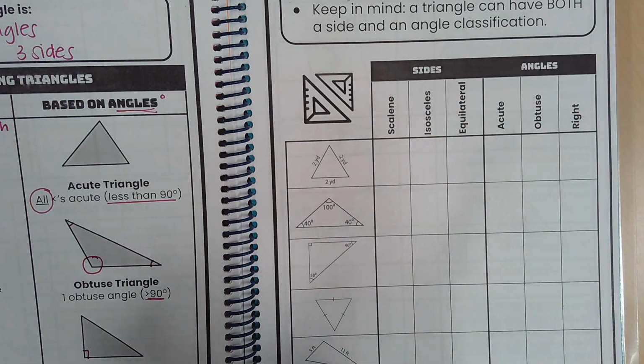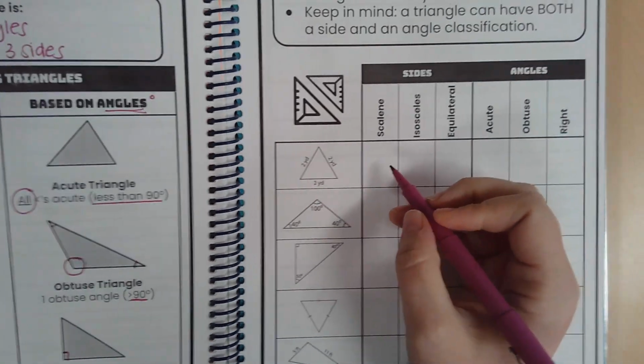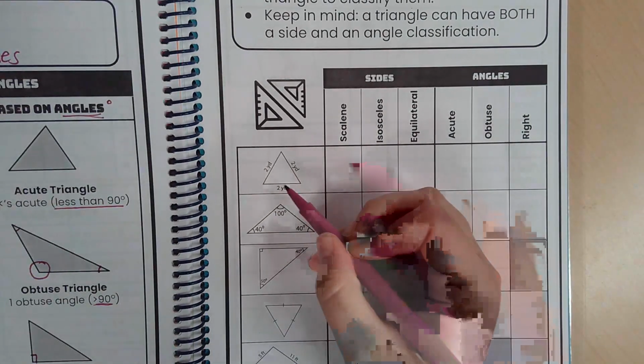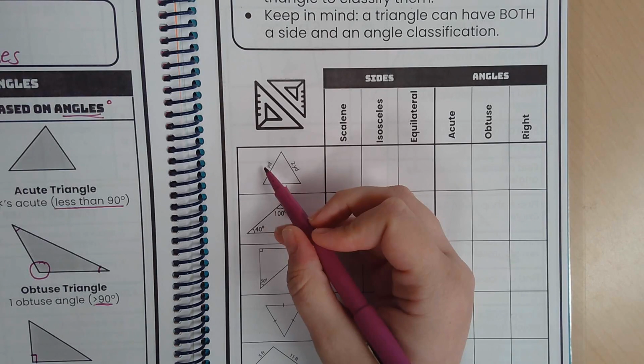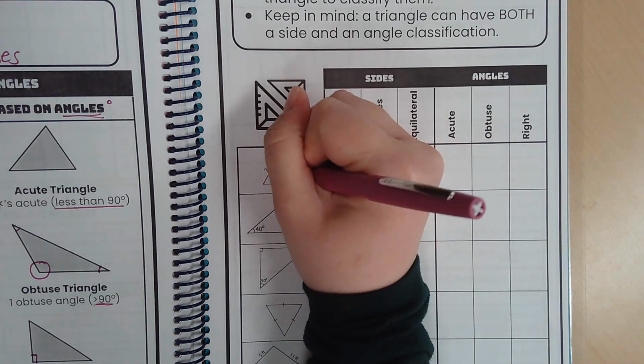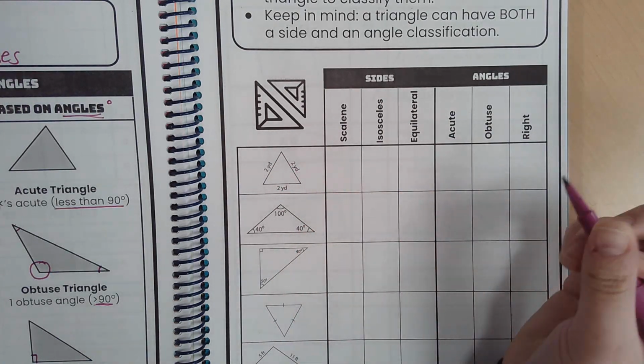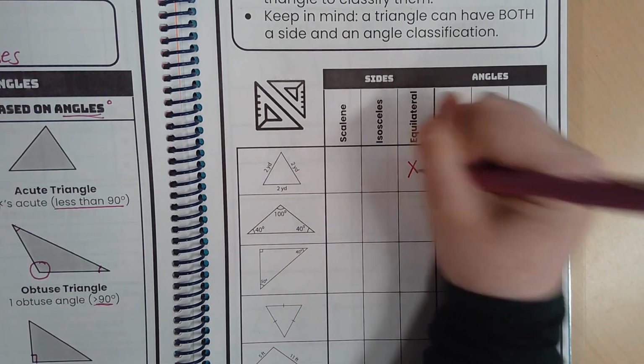Now, to make this easier, what you should do with your Boom Cards, you're not going to do this right now, obviously, is use this to help you on your orange page, so go ahead and take a look. So we have this one and all the sides are the same length. You can see it tells us here, that's one way to show it, by telling us the measure. So those are going to be equilateral.